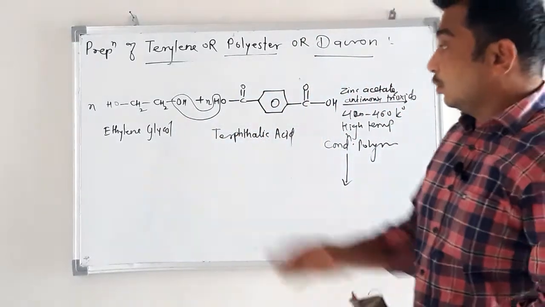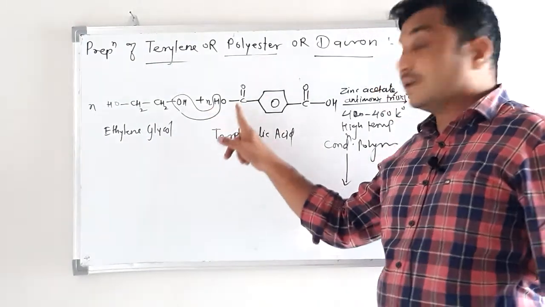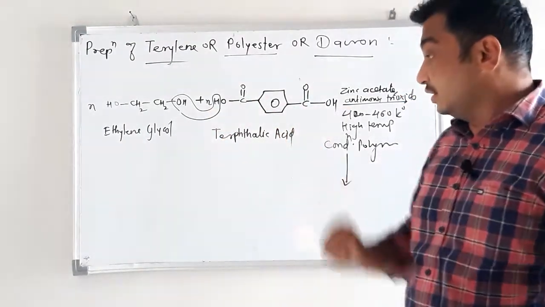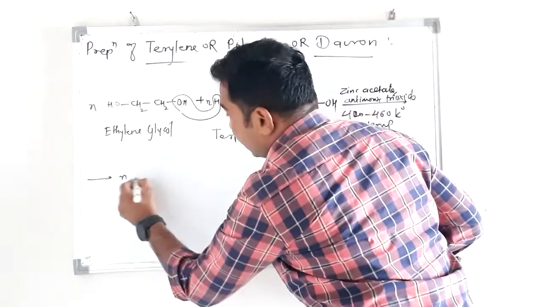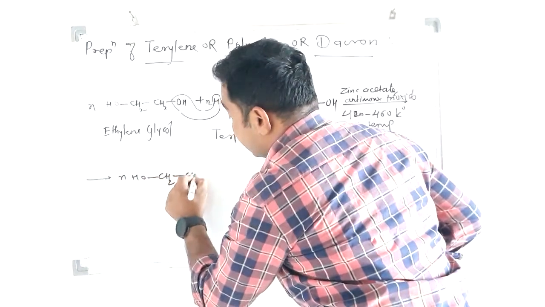The OH groups of ethylene glycol from both sides and the OH of the carboxyl group. These two carboxyl groups are going to be used for condensation, and then n number of this repeating structure will form.